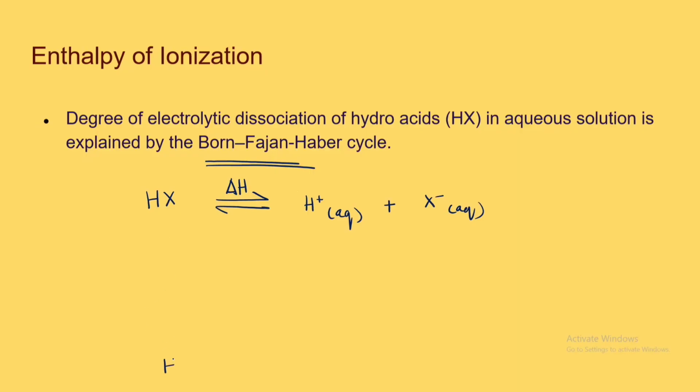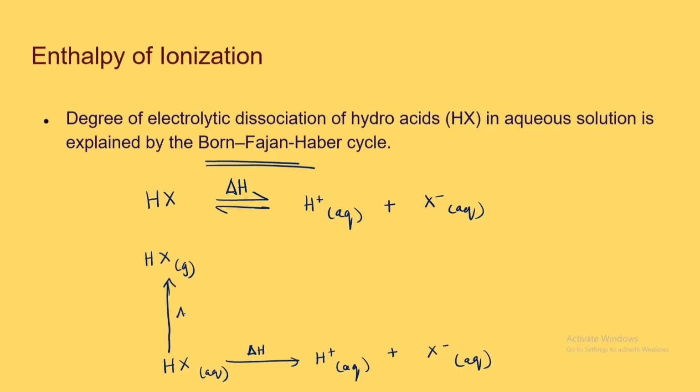So here HX, delta H, which is the enthalpy of the reaction. So we have H plus aqueous, here X minus aqueous. So here I can also write this as HX. Now here HX is in the aqueous state, right? So this HX can be converted to the gaseous state, right?